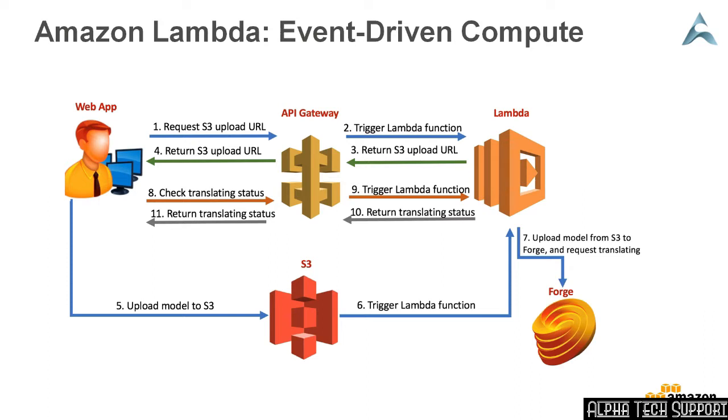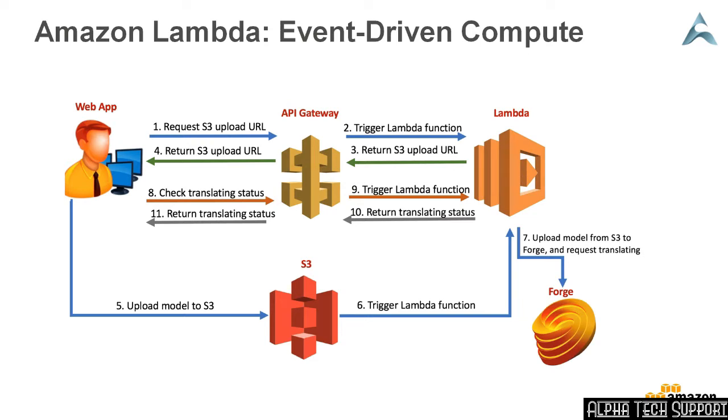The web application then uploads a model or content to S3 storage, which triggers a Lambda function to identify that the file is uploaded. The Lambda function then uploads the model from S3 to Forge and requests translating. After it is done, the web application checks the translating status, whether it has been completed or not.